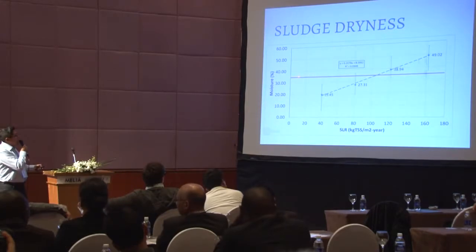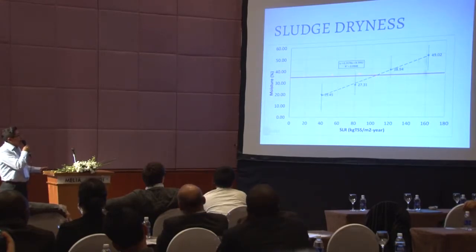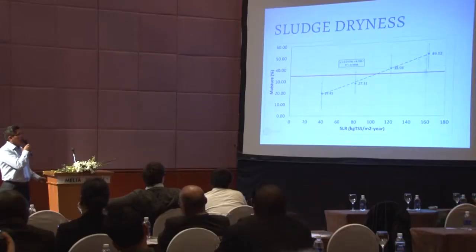It should be around 35% of moisture content. This is an indicator to say, okay, this is the recommended factor. We can assume that at least 100 kilograms of TS per square meter per year is the recommended loading rate.